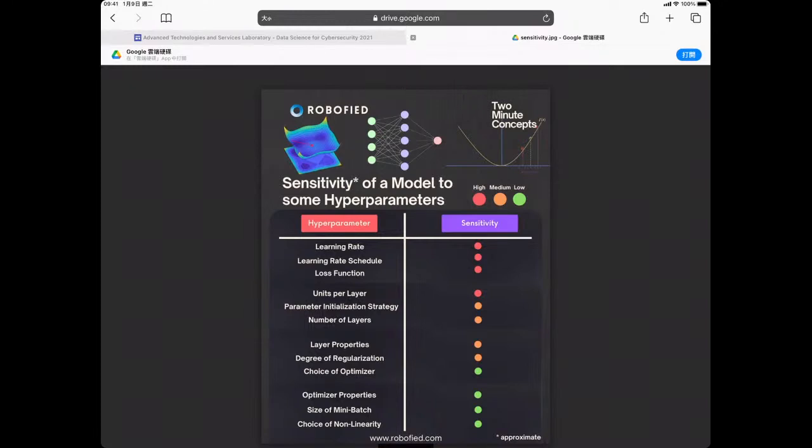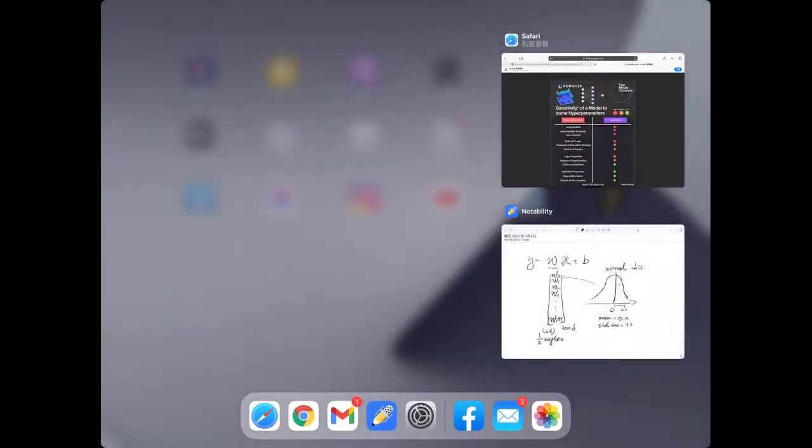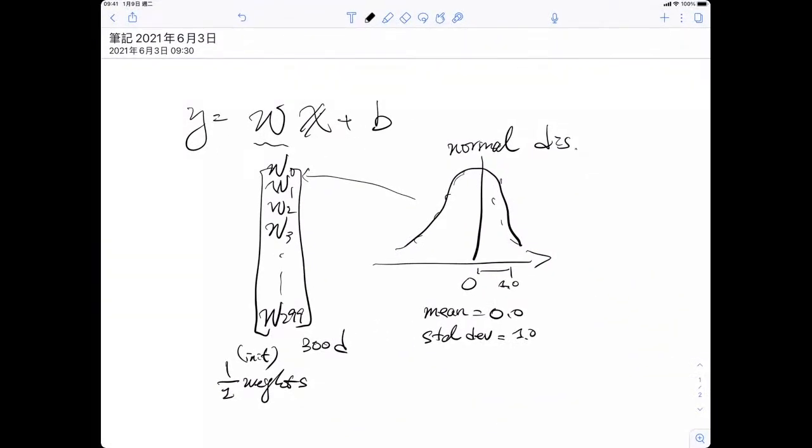Maybe that is the time you would like to change the initial weight strategy. You have to think about it. Half of your weights are currently negative numbers, half are positive numbers, and some of the weights are zeros.